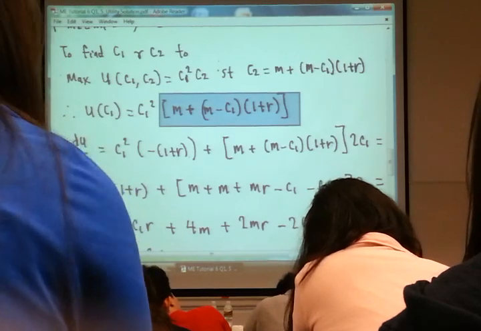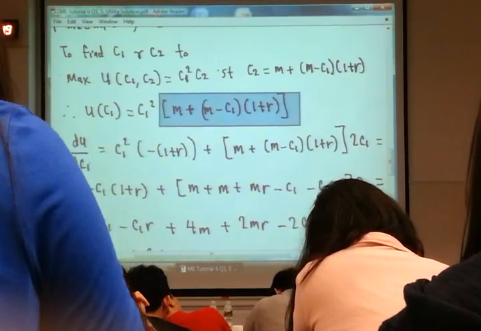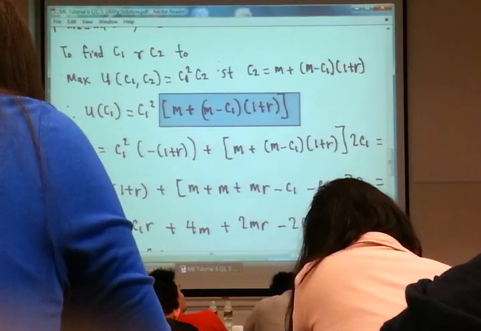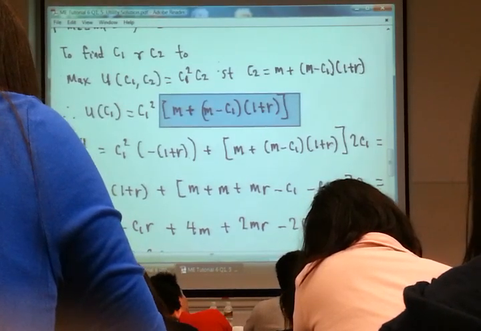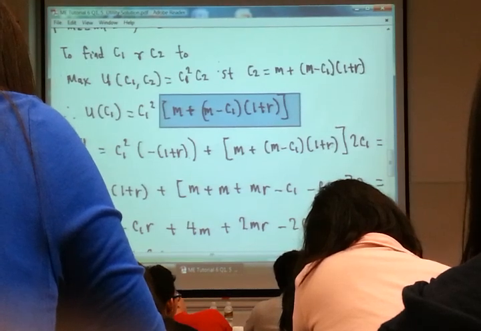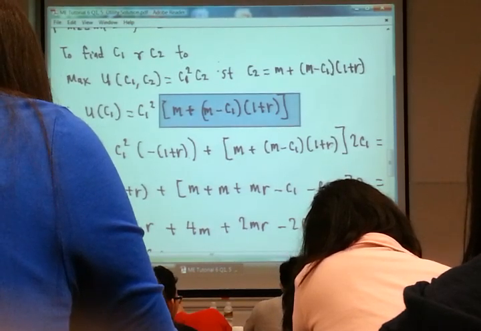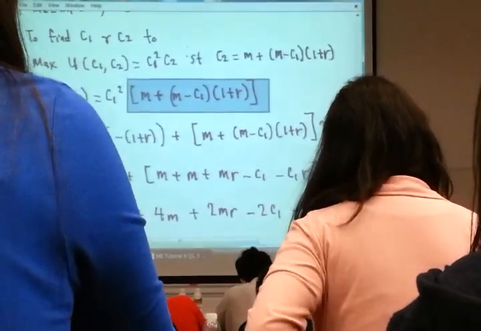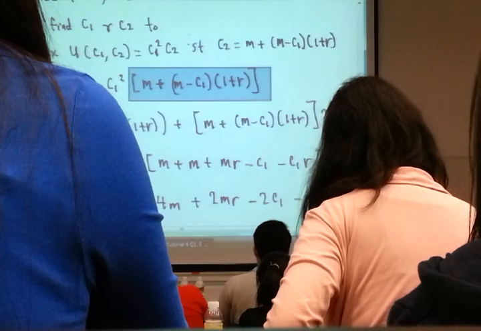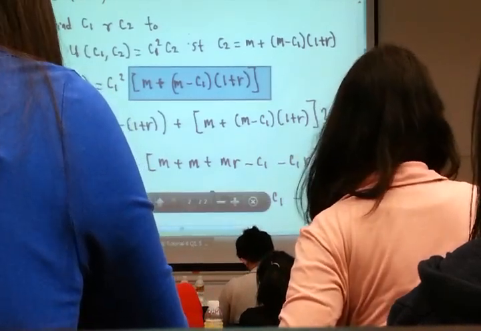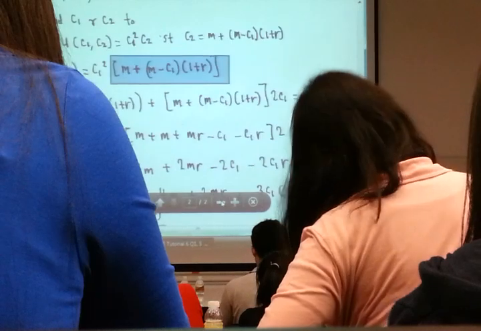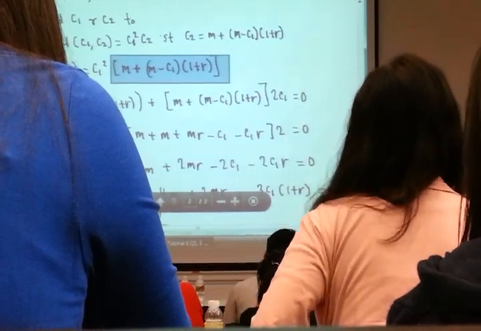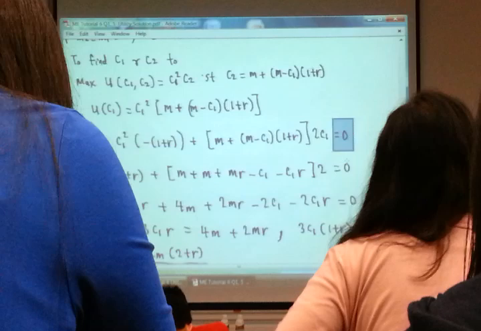The C1 becomes -1. That's why you get minus this. Next, hold the second term constant. This one constant. Differentiate this term, which is 2C1. Okay, very simple. So to maximize utility, set the first order condition to 0. That's it.